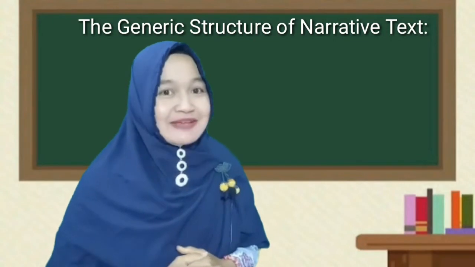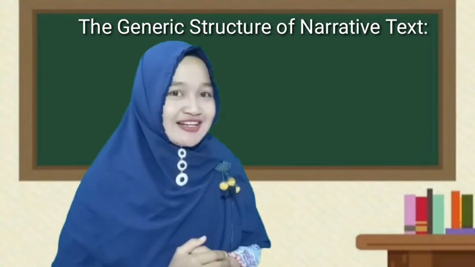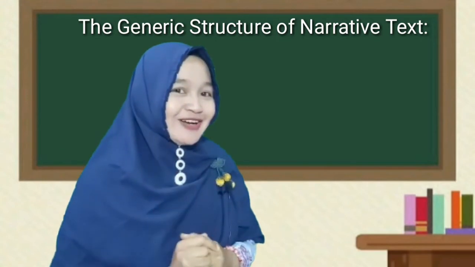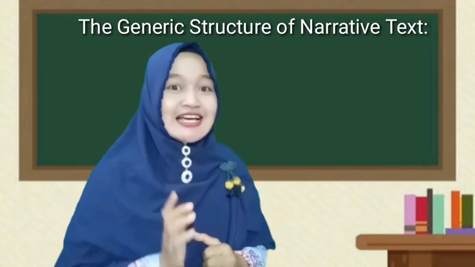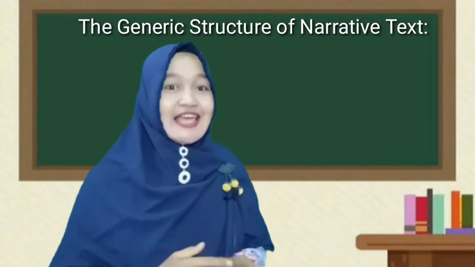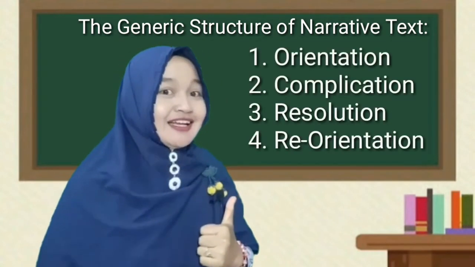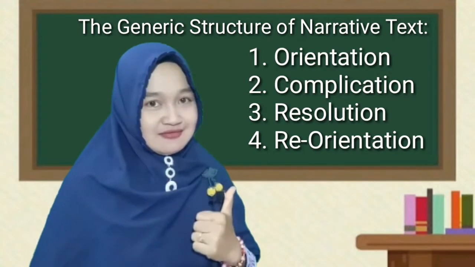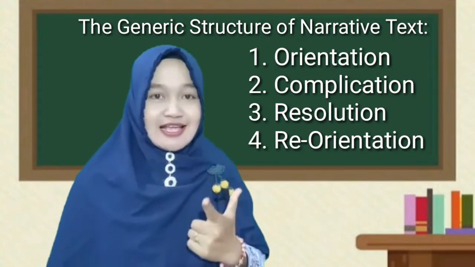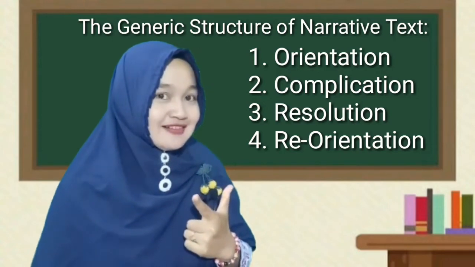Let's repeat to mention about the generic structure of narrative text. Baik, mari kita ulangi lagi, kita sebutkan the generic structure atau susunan bacaan dari narrative text. Yang pertama adalah orientation atau pengenalan. And then the second is complication.